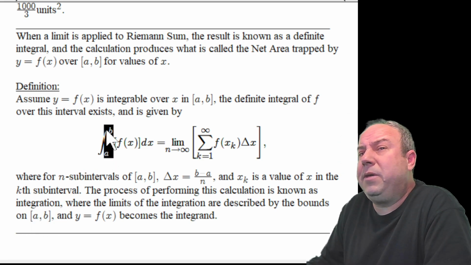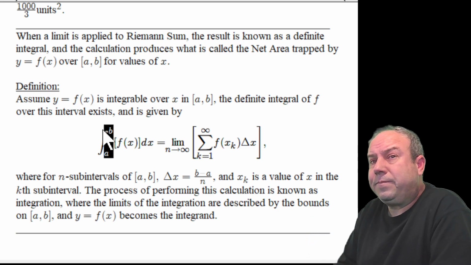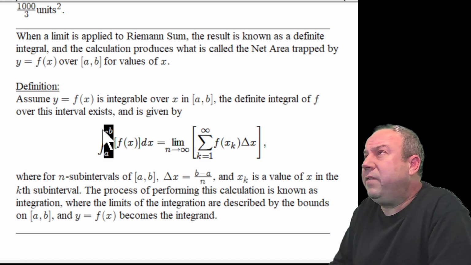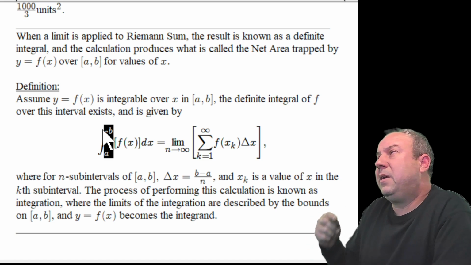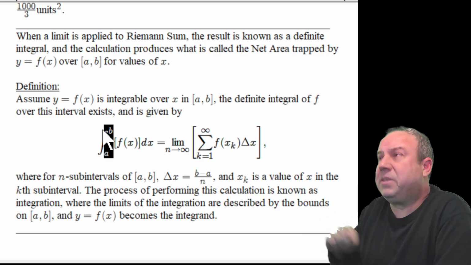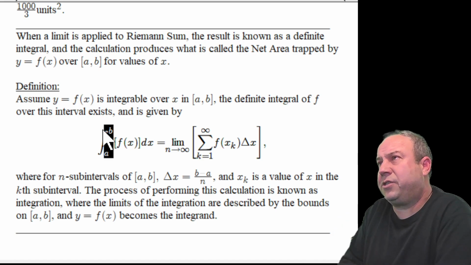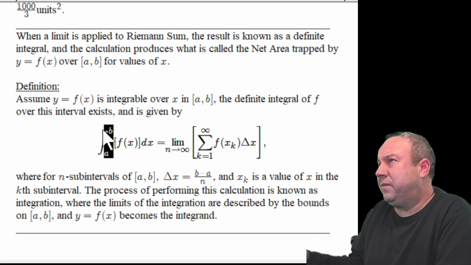What A and B become known as are the limits of our integration. Definite integrals have limits of integration on that boundary, whereas indefinite integrals do not have limits of integration.